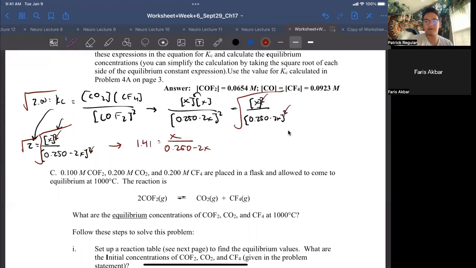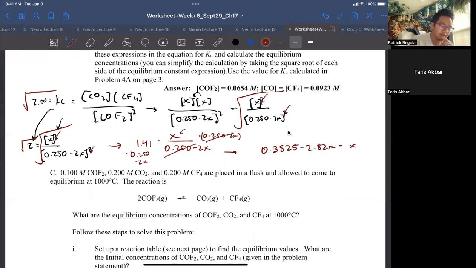Now we just have our variables left, no exponents, nothing weird. So let's multiply this over times 0.250 minus 2x. That'll cancel out with the denominator. That's going to be 0.3525 minus 2.82x equals our original x.